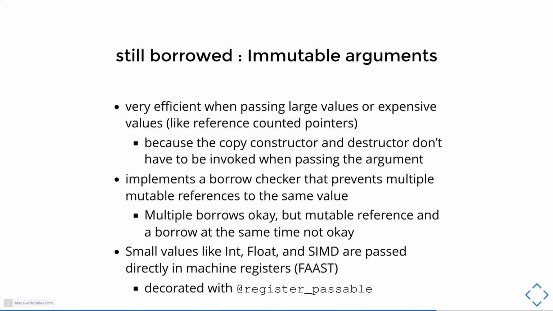Okay. And then a tiny little detail: small values like int, float, SIMD. SIMD is going to come up a lot when you look at the documentation. The name stands for single instruction multiple dispatch, and we will not get into it a lot because frankly I don't understand a lot of it. But the way a lot of CPUs work is that you give instructions to the CPU: add one thing and another thing, multiply one thing and another thing.